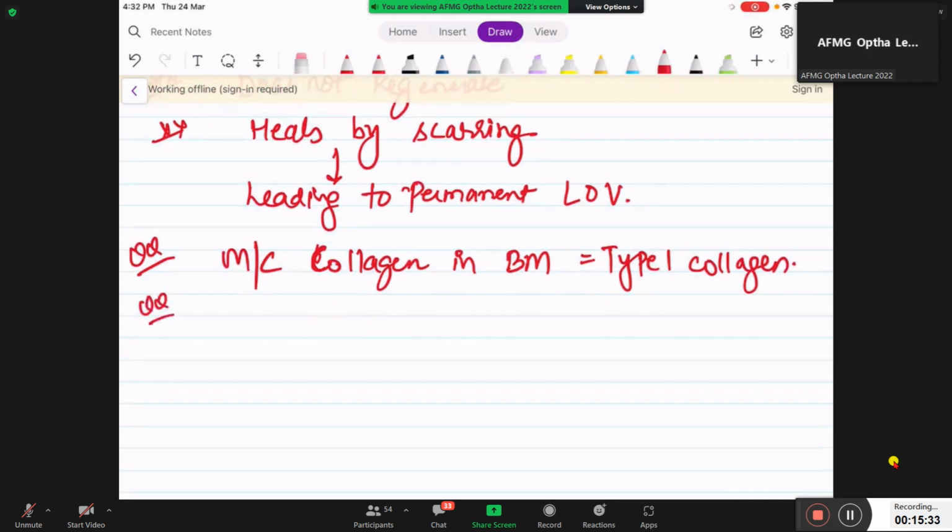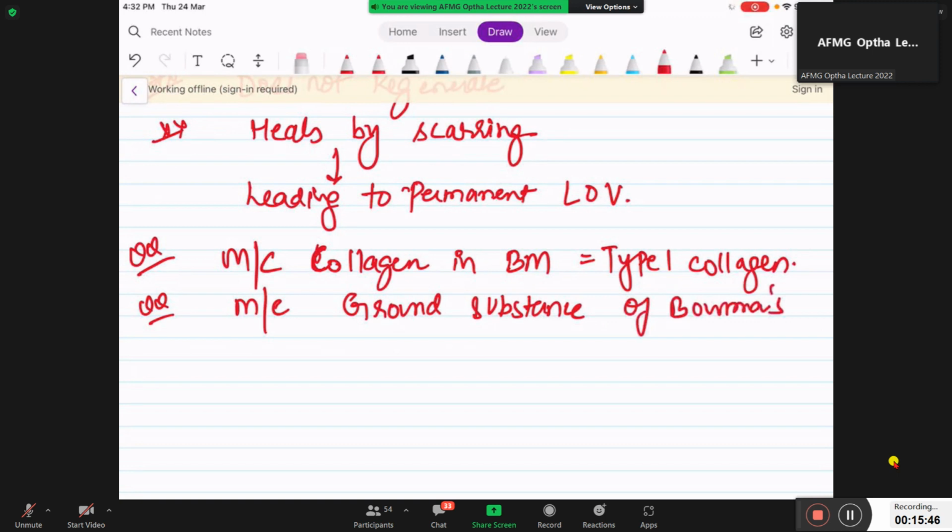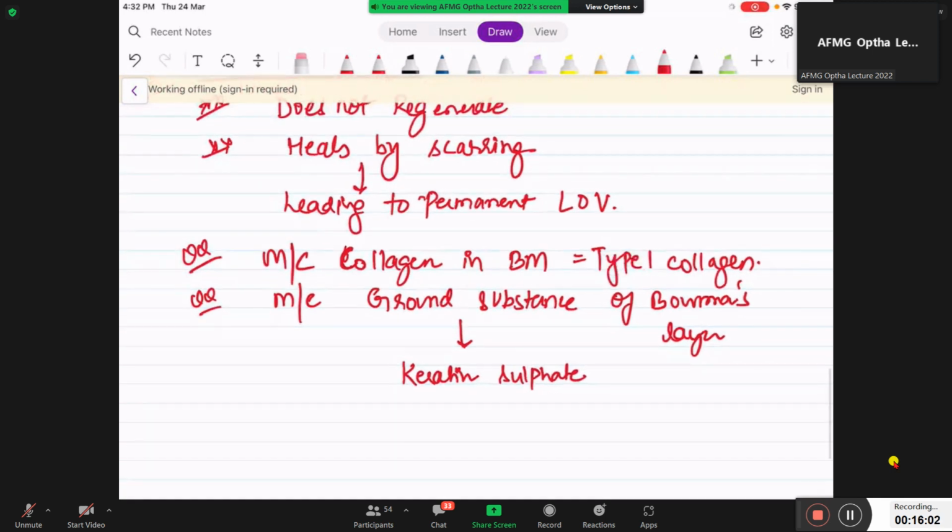Next important question, write down. The most common ground substance of Bowman's layer, and the answer is keratan sulfate. It is made up of keratan sulfate, right? So this is all about your second layer, which is Bowman's layer.